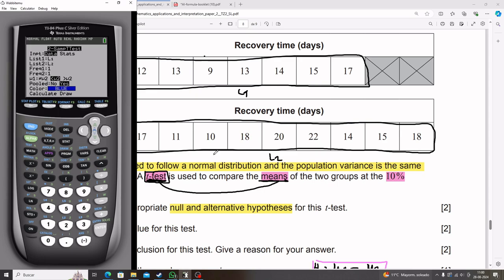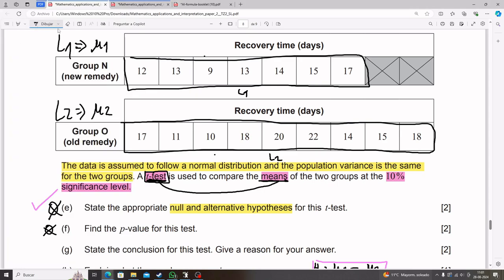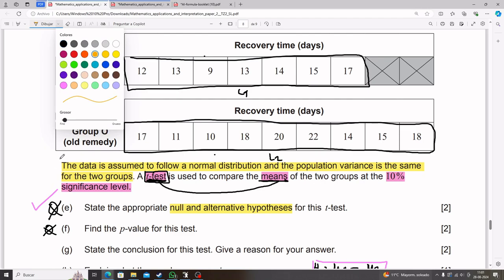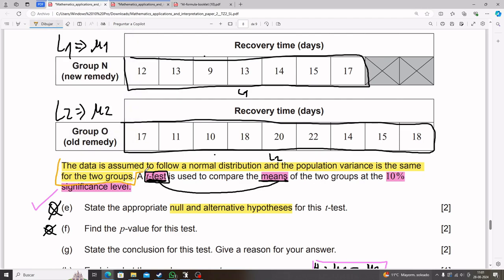Now, what the heck is pooled? What is happening? Pooled, for now, you just need to associate it to this statement right here, which they pretty much always give you. Okay. For the AISL level, in my experience, for pooled, you will always be putting yes. Okay, you don't have to exactly worry about it, but if you want to learn a little bit about it, pooled is essentially that the 2 samples that you're using, both of them follow normal distribution, but much more importantly for pooled, their variance is the same.